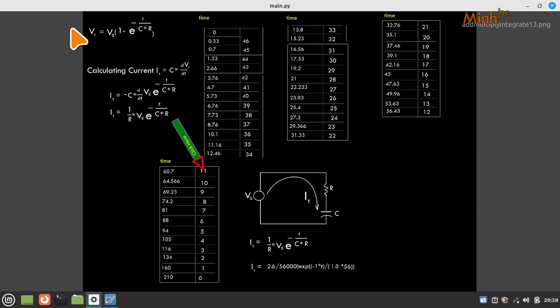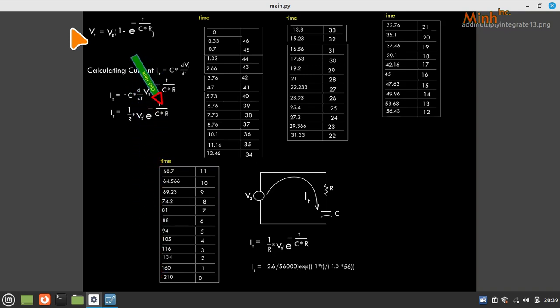It started at around 46 microampere, and then reached 11 microampere at 1 minute. So 46 to 11 in 1 minute, and then 0 in 210 seconds, that is 3 minutes 30 seconds. That much delay it is taking.